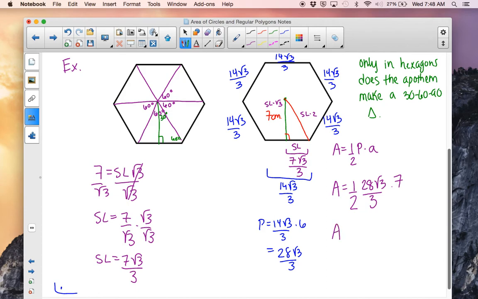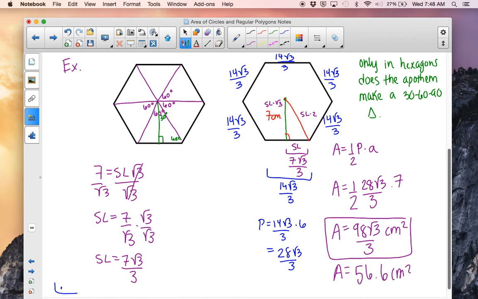So area equals 98 square root 3 over 3, and my units are centimeters, so centimeters squared. And if I want to plug that in the calculator and get a rounded answer, you get about area equals 56.6 centimeters squared. And that is it for today.